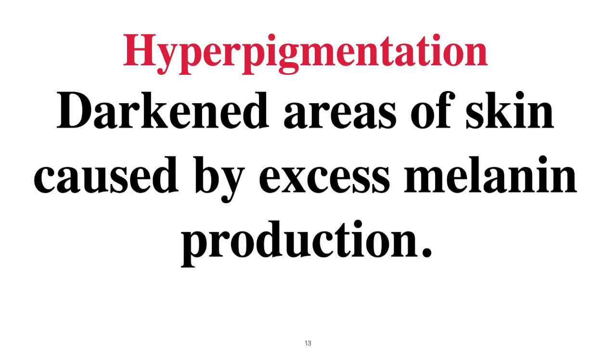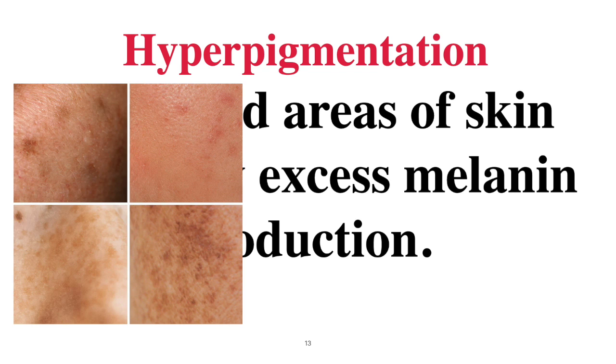I can go on forever about hyperpigmentation, so we're going to keep this very simple. Hyperpigmentation are darkened areas of the skin caused by excess melanin production. Hyper meaning overproduction of color.